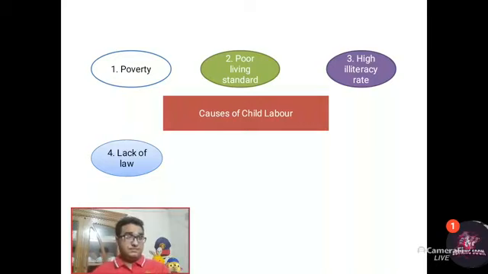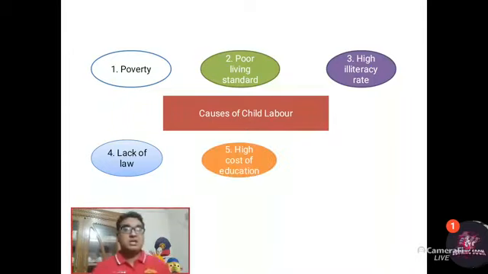To prevent child labor, you need strict law imposed by the government. But in our country, I think the existing law doesn't work properly to stop child labor. So this is one of the causes of child labor.